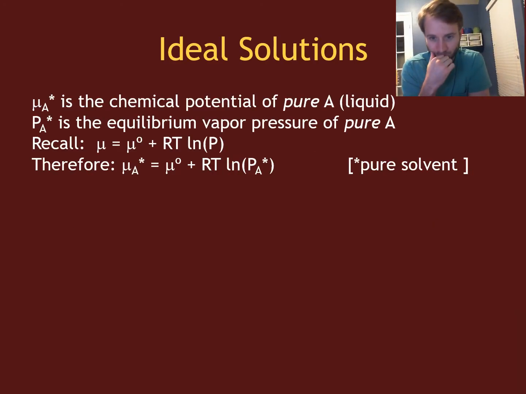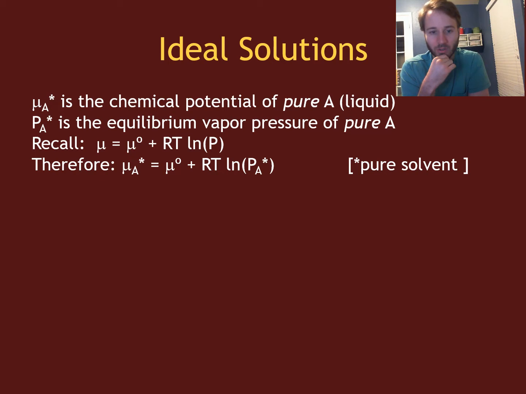Right. So first talk about ideal solutions. Okay, we're going to start by saying the chemical potential of a pure liquid A is going to be given by mu A star. The little star is just indicating the pure liquid. That pure liquid has some vapor pressure at a given temperature, right?